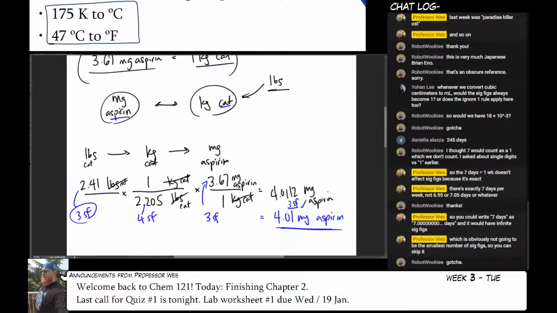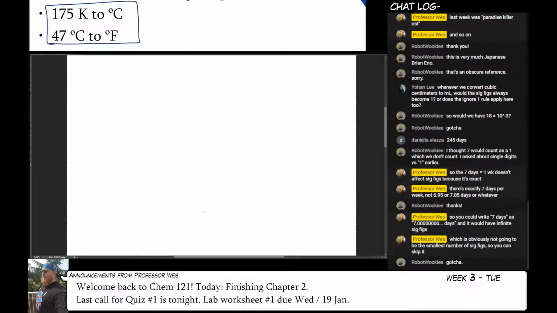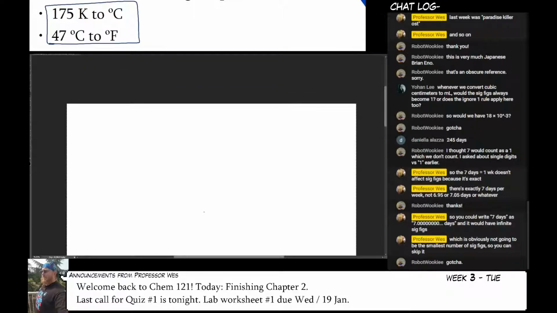So let's start with the first one, 175 Kelvin to Celsius. And so our formula is whatever our temperature is in Kelvin is Celsius plus 273.145 or whatever.